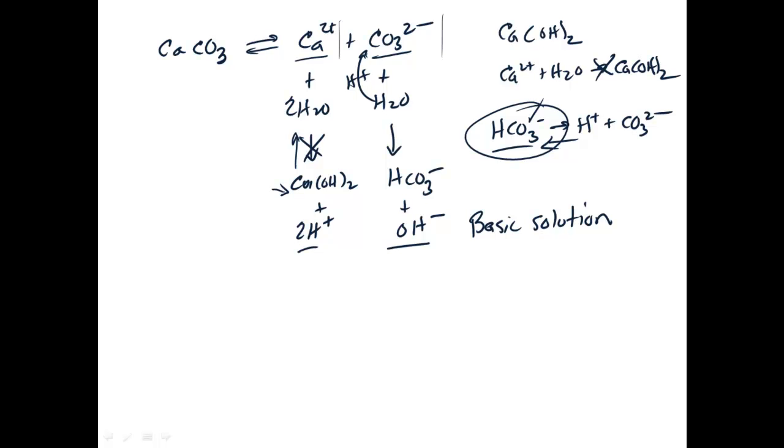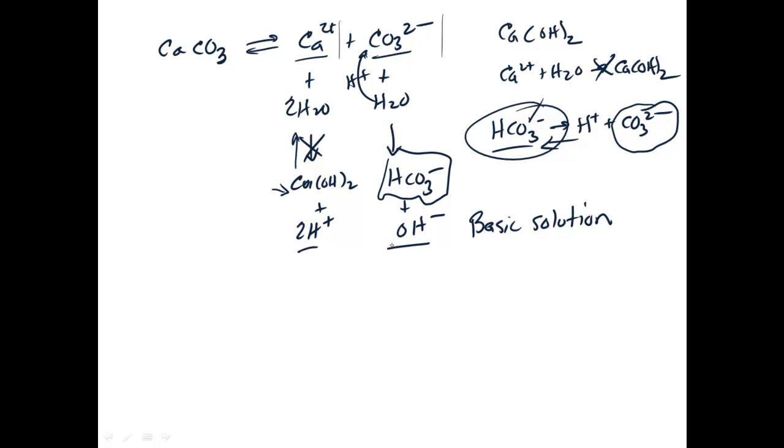And we know this, the weaker the acid, the stronger the conjugate base. There's the rule. The weaker the acid, the stronger the conjugate base. So the carbonate ion is the conjugate base of the weak acid hydrogen carbonate. So if we have carbonate ion in water, it will accept a hydrogen ion from the water and form the weak acid hydrogen carbonate ion.